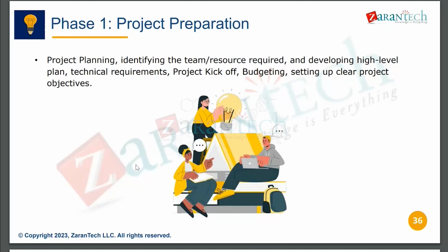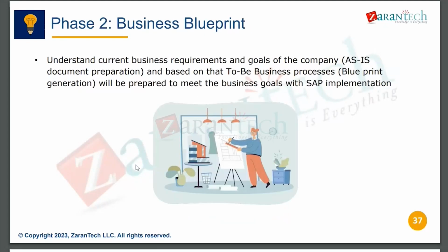Budgeting, setting up clear project objectives, everything will be done in project preparation. Then business blueprint: understanding the current business requirements and goals of the company. As-is document preparation and to-be document preparation will be done and presented to the business, and based on the acceptance and sign-off from the business, the implementation phase will start.